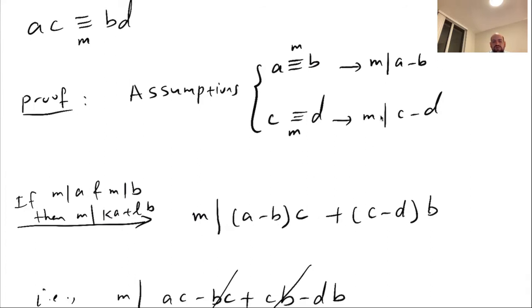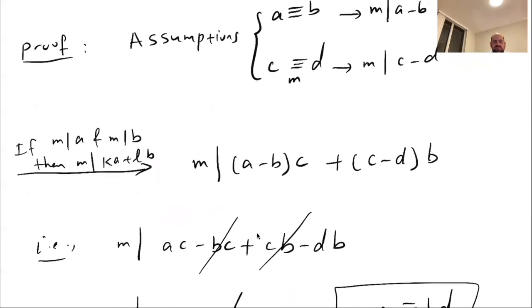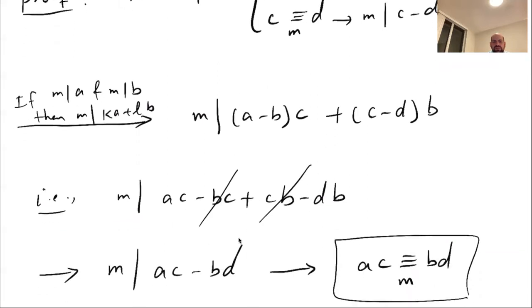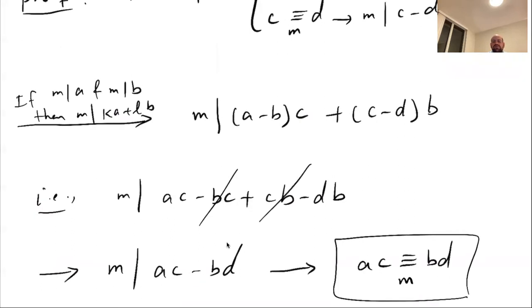Okay, so if I multiply the first number here by C, the second number by B, and then add them, I'm going to get M divides AC minus BC plus BC minus BD. And the good news is BC will cancel with BC, and I'll get M divides AC minus BD. And this means AC and BD are congruent mod M, right?